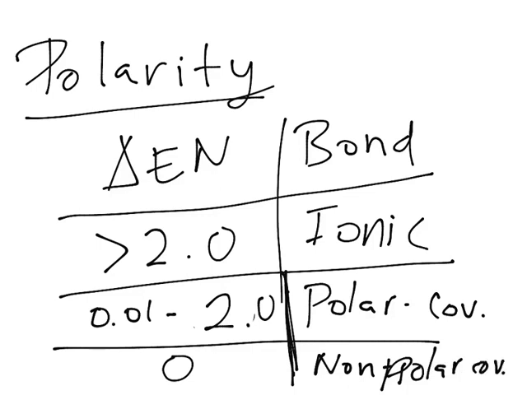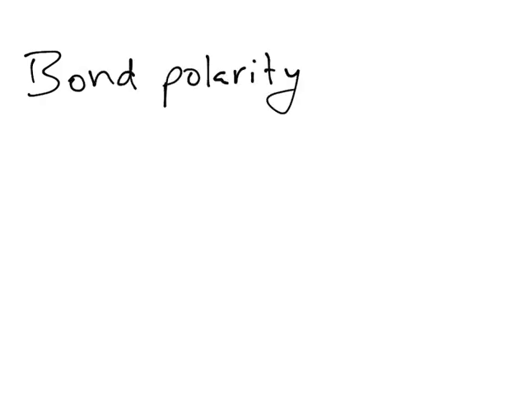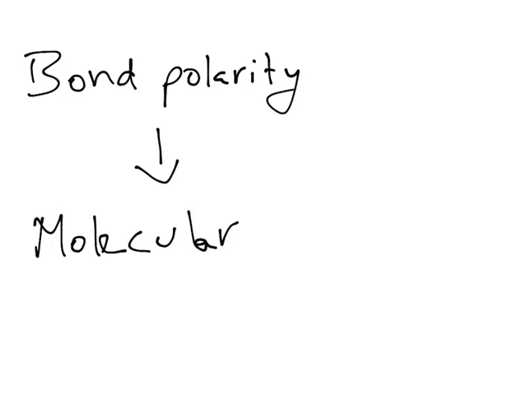So when you're talking about polarity, I'll just call it bond polarity. If a bond is polar, that does not mean that the whole molecule is polar. That's molecular polarity.